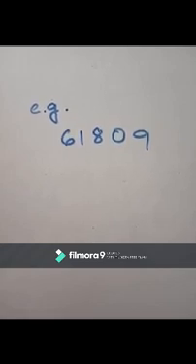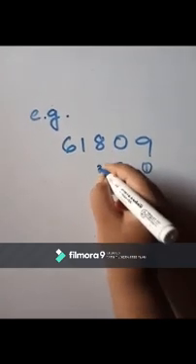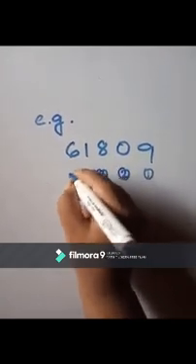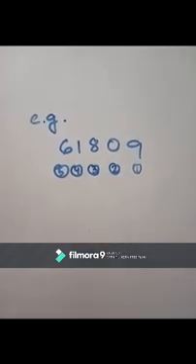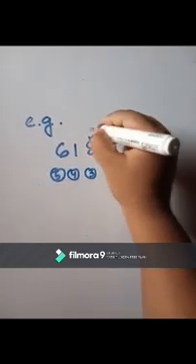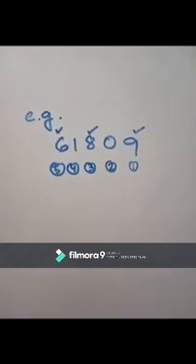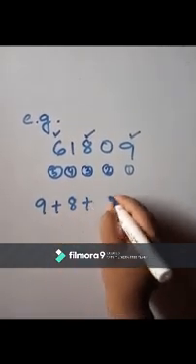61,809. It is a 5-digit number. Now from the right side put the places of the numbers 1, 2, 3, 4 and 5. As you can see here, the digits placed in odd places are 9, 8 and 6. So now find the sum of these digits.